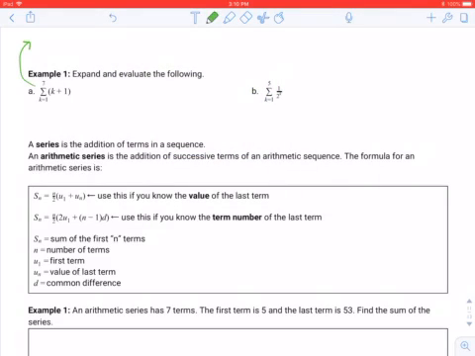We would read this in English as the sum of the function k plus 1 from k equals 1 to k equals 7.